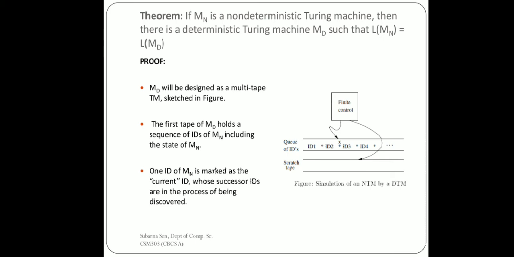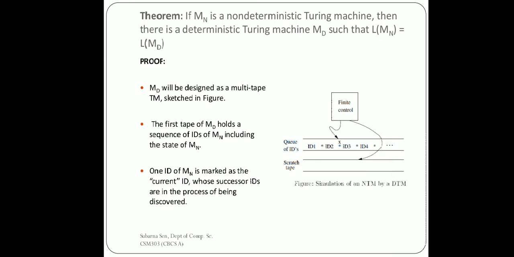So this first step will consist of all the IDs of our non-deterministic Turing machine. Remember, we are going to simulate the non-deterministic Turing machine using a deterministic Turing machine. So we will take whatever the non-deterministic Turing machine is doing and map it using a deterministic Turing machine.